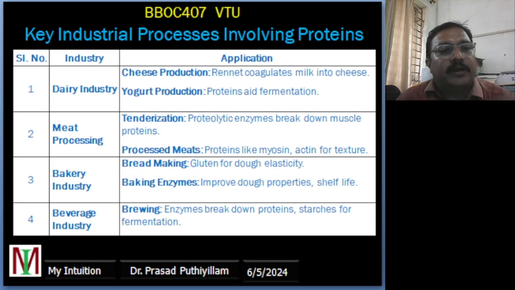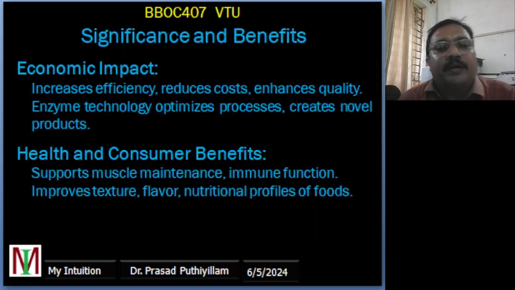Beverage industry: enzymes like proteases and amylases are used in brewing to break down the proteins and starches, facilitating the fermentation as well as improving the clarity and stability of the beer. Okay, so those are the major application cases. Now, significance and benefits.